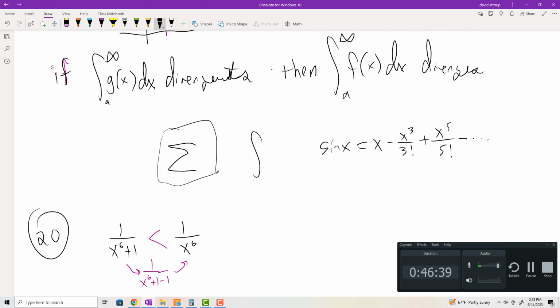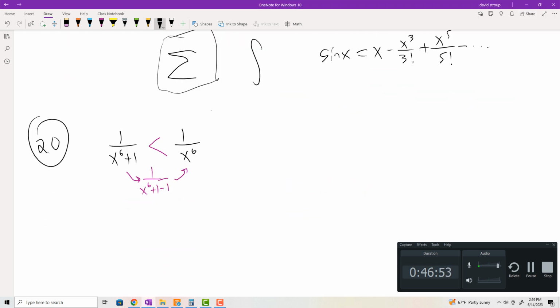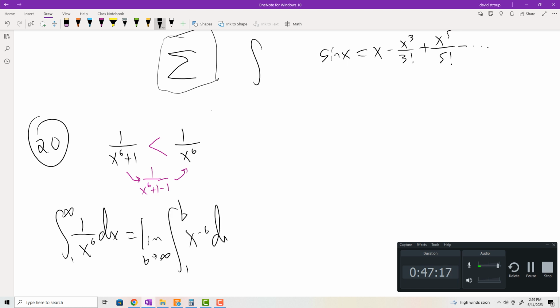Additionally, then, we can figure out quickly whether or not this integral of 1 over x to the 6 is convergent or divergent, right? So the integral of 1 over x to the 6 dx from 1 to infinity is going to be a limit as b goes to infinity of the integral from 1 to b of x to the negative 6 dx.